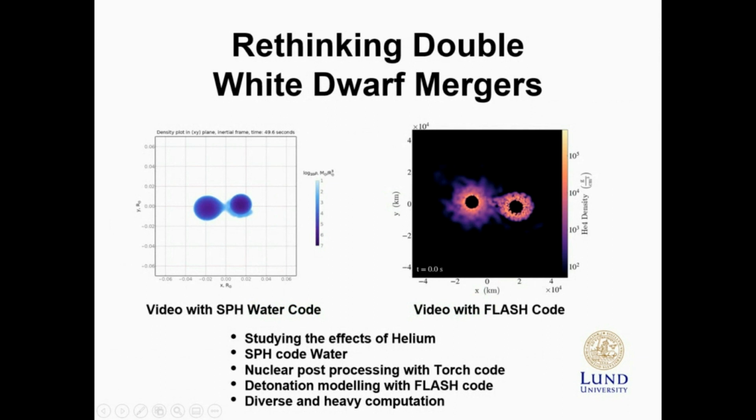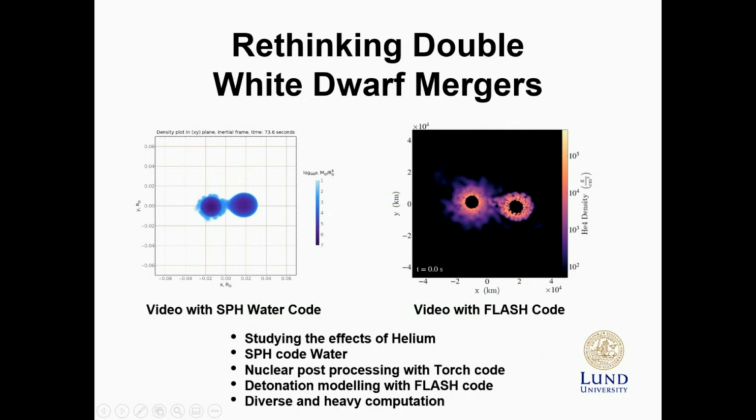And what we currently are doing in that direction is that we simulate the white dwarf mergers with this SPH code called Water, which I have shown before. This is basically the same simulation. By the way, I should have mentioned perhaps that both white dwarfs in these simulations contain, roughly speaking, about 600,000 particles. So quite many computational elements in both white dwarfs.